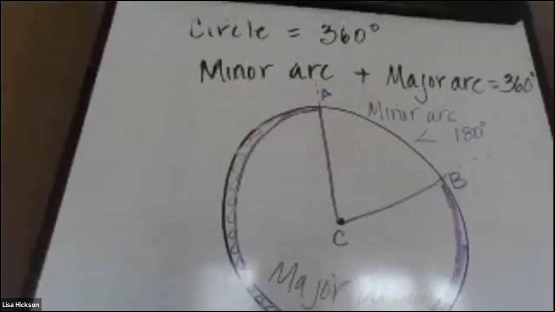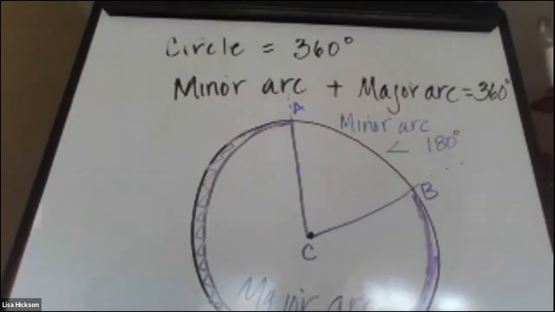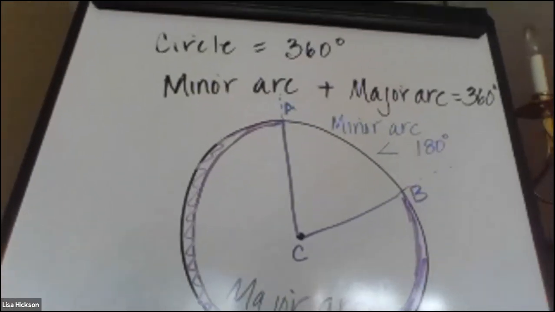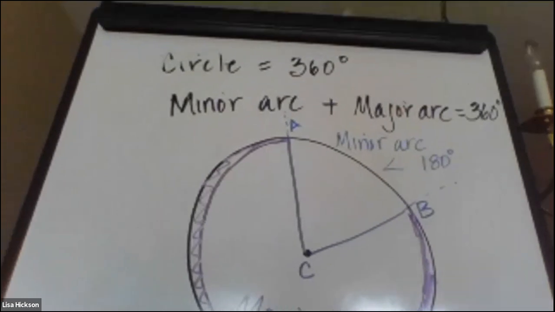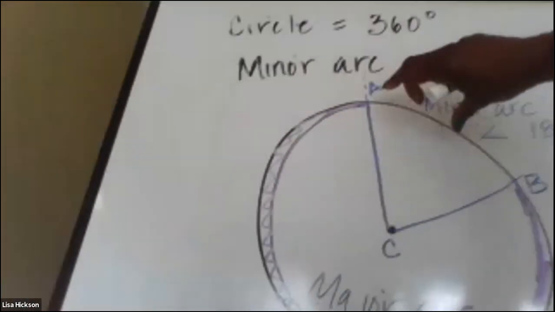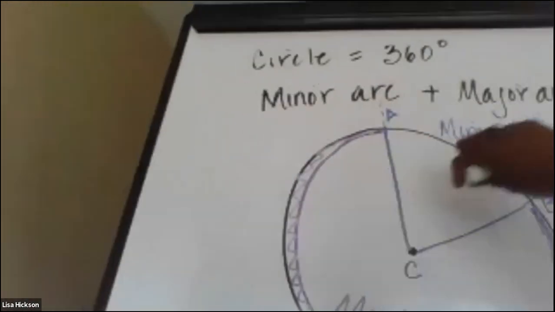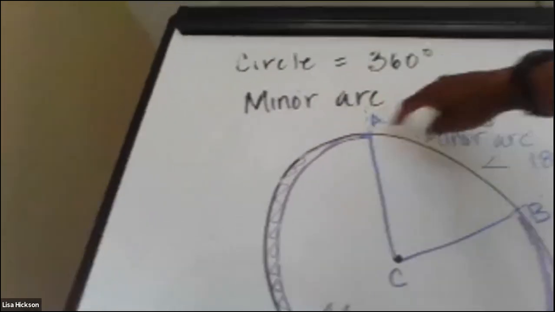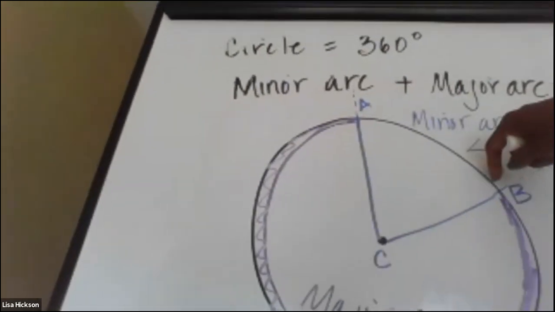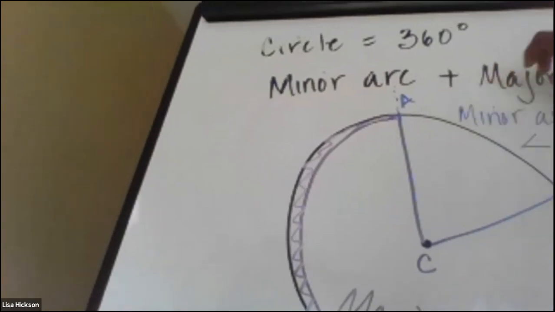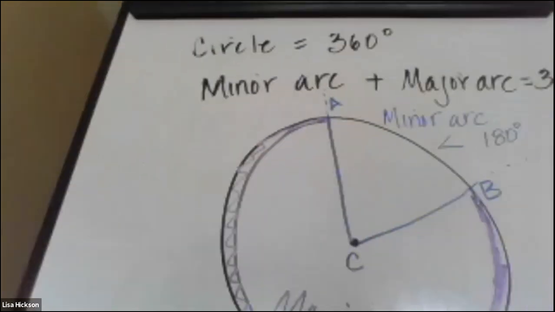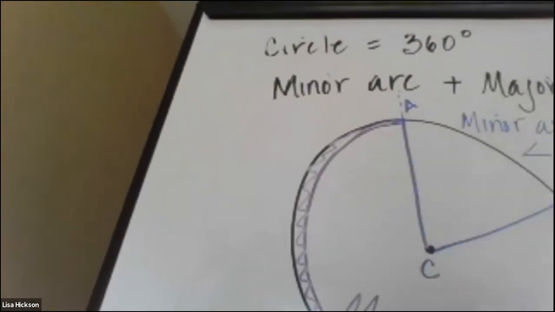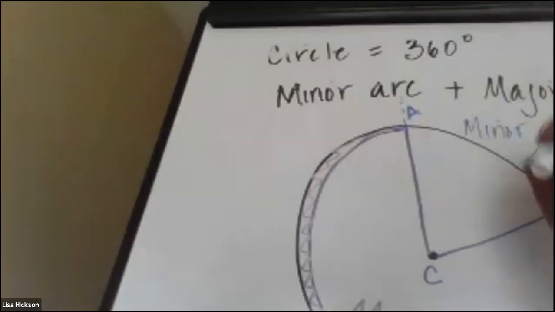So when you think about a circle, if a circle has an angle in it, let's say this was a pizza. The piece of the pizza that moves with the angle, we call it the related arc.